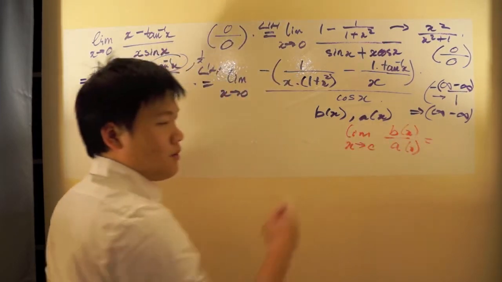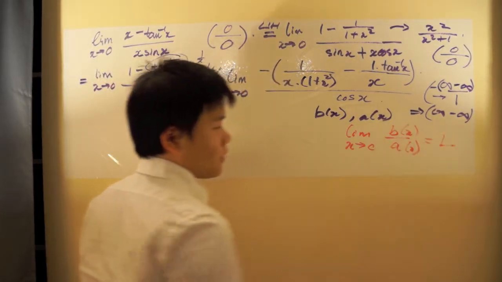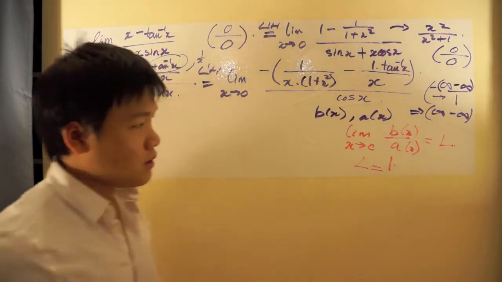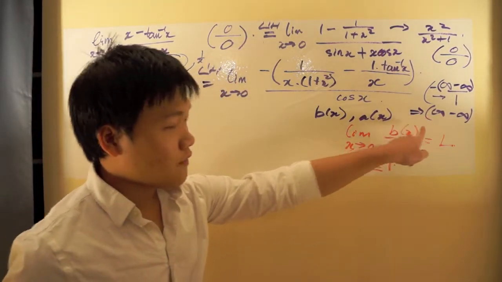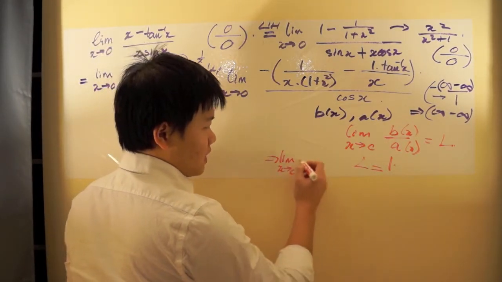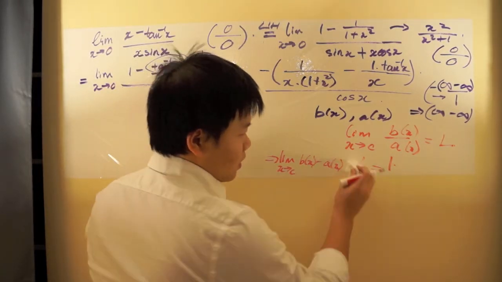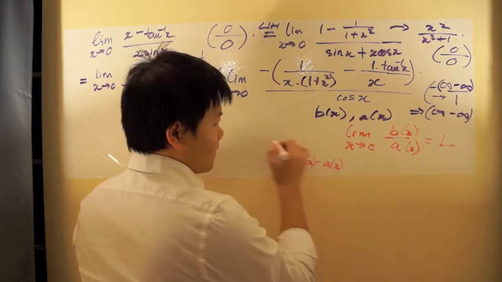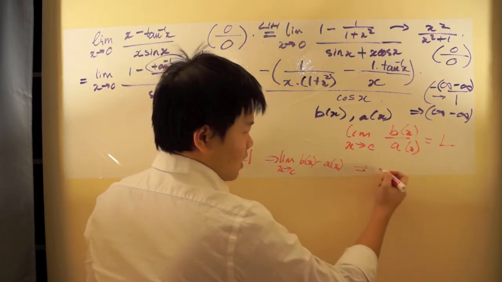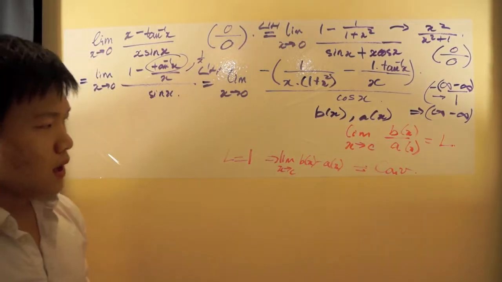If this limit equals some constant L, as long as L equals 1, then the limit of its difference, meaning the limit as x approaches c of b of x minus a of x, will be convergent.